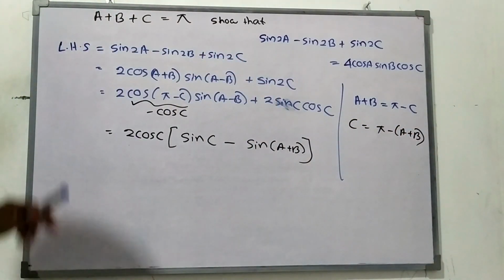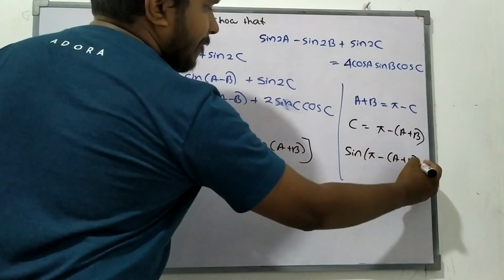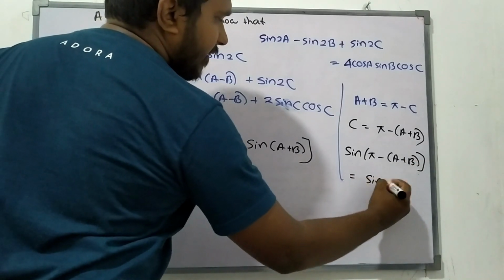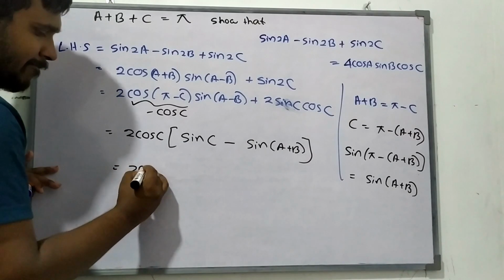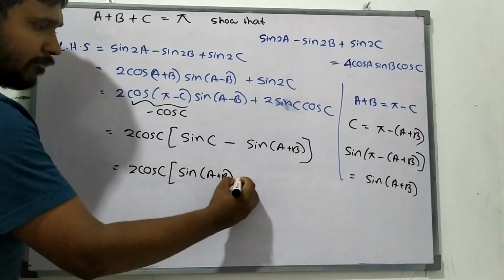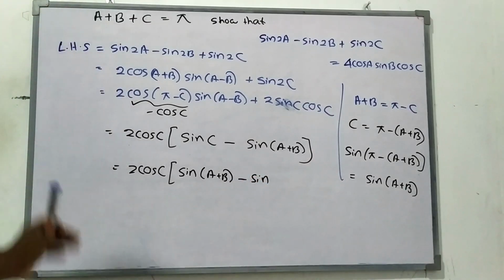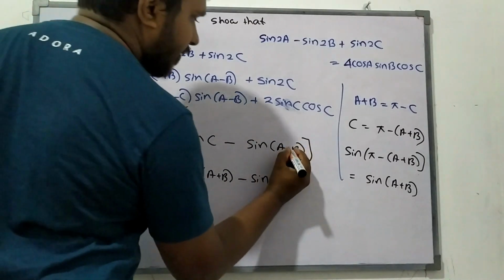Sine(pi minus a minus b) means it's sine(a plus b). So over here it's a minus b, right?